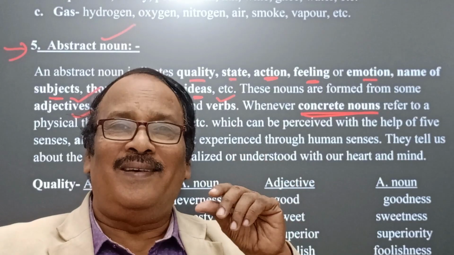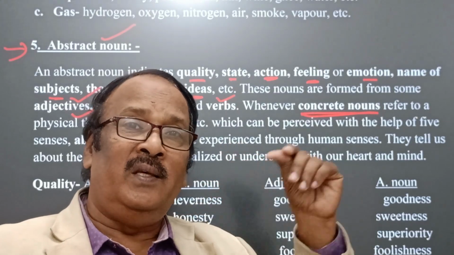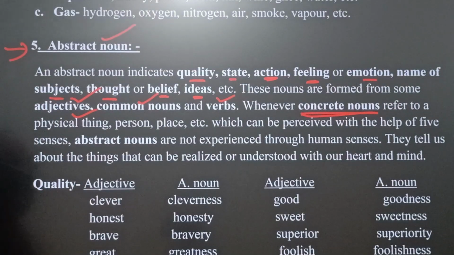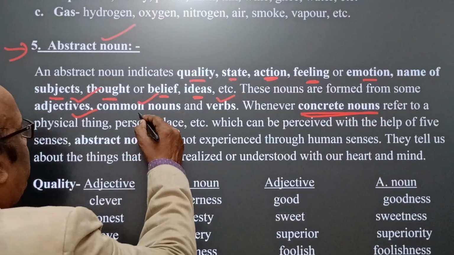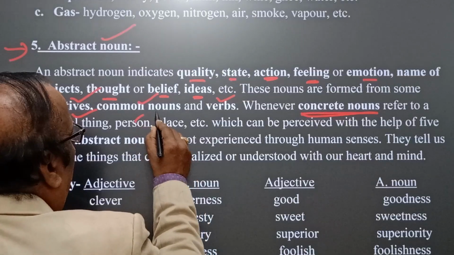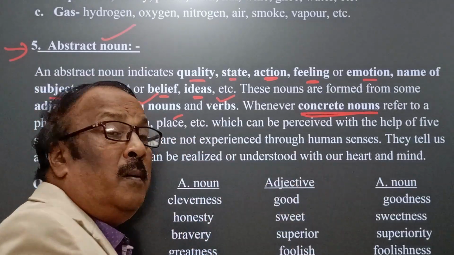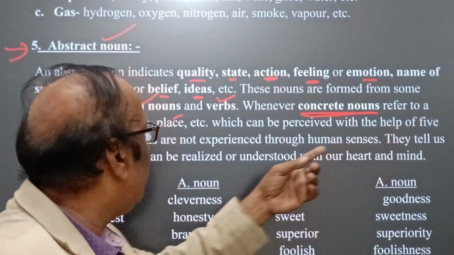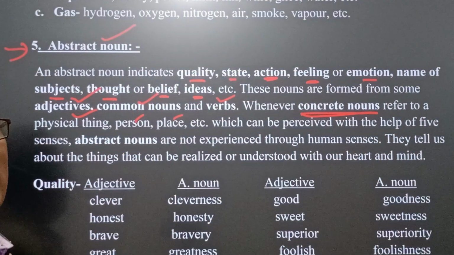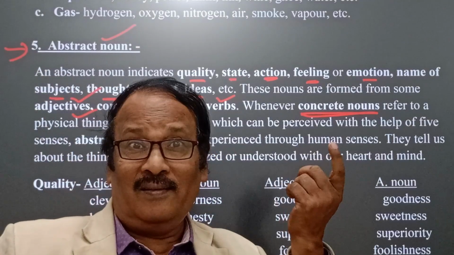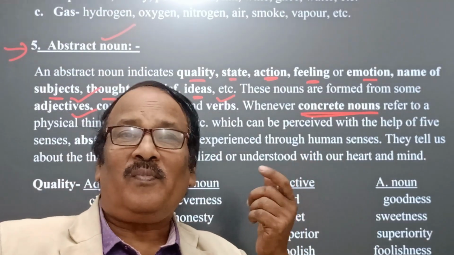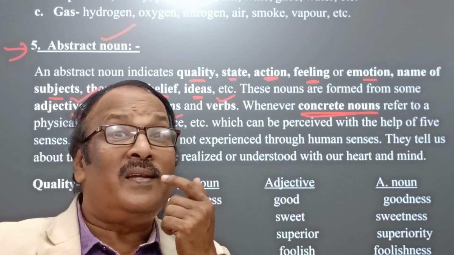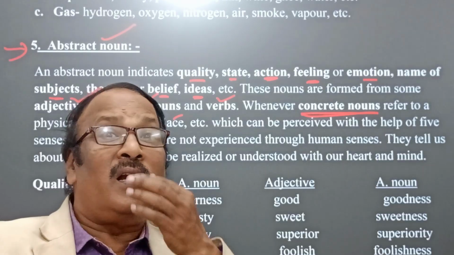Gold, water, hydrogen, these are concrete. Physical things, persons, places, etc., which can be perceived with the help of five sense organs like seeing, hearing, tasting, feeling, and smelling.